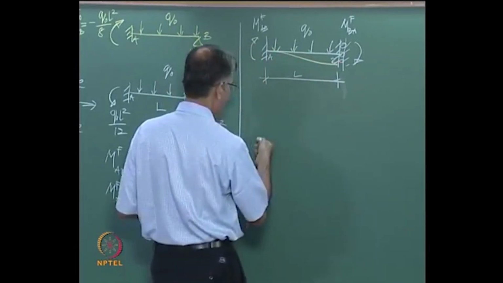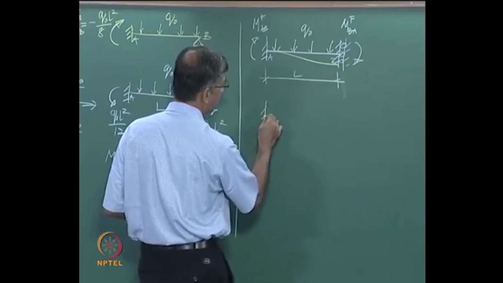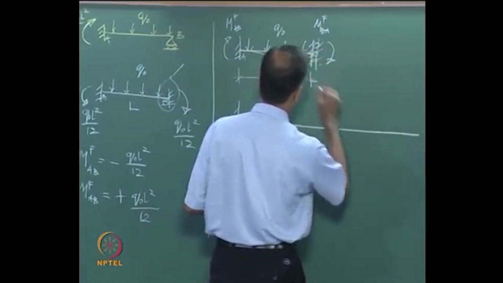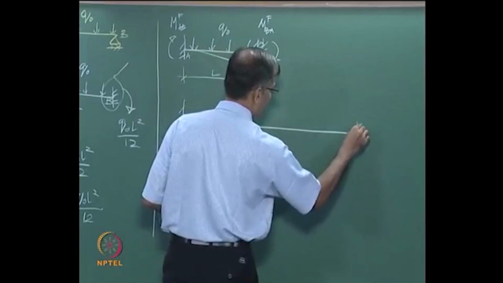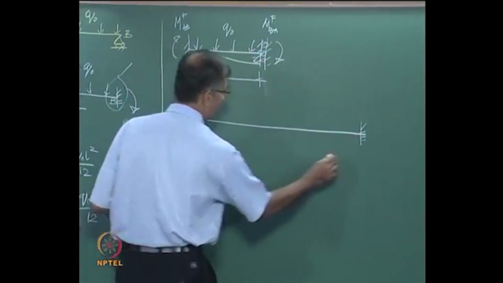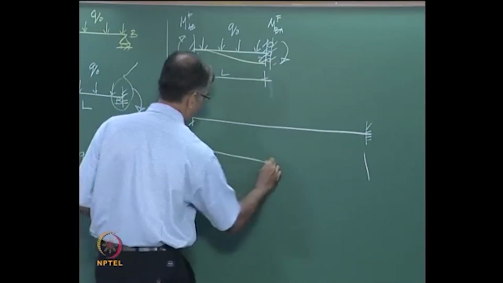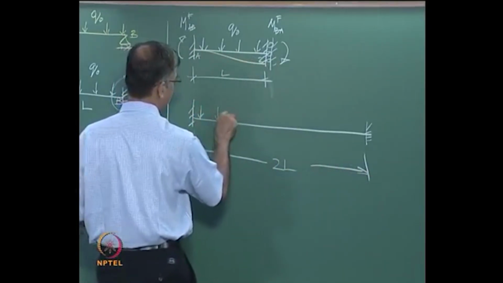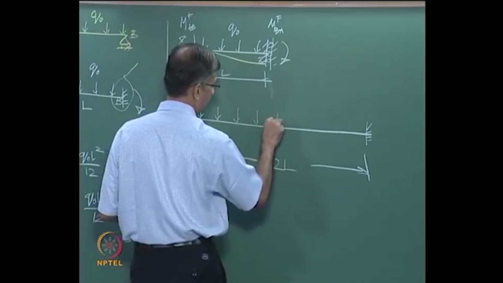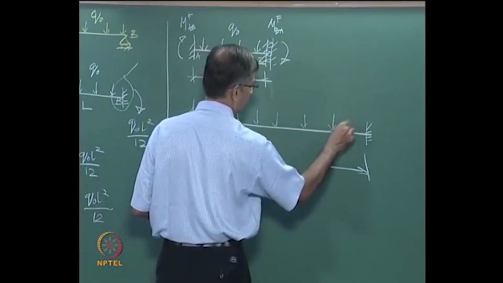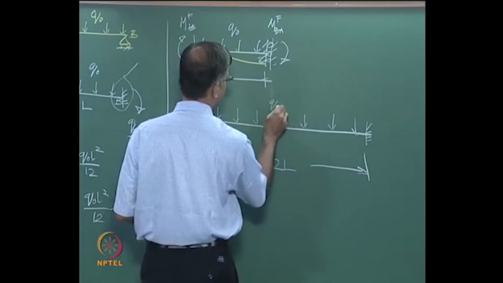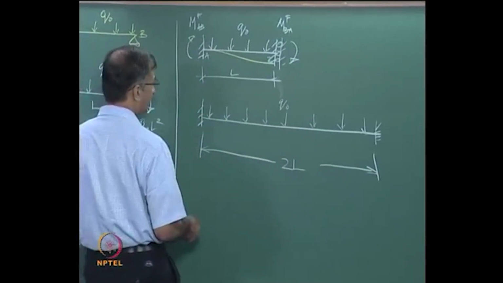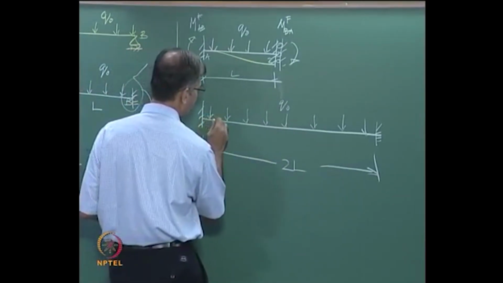And if we had a beam which was twice this length, 2L, with the same loading, Q naught, that would deflect in much the same way.